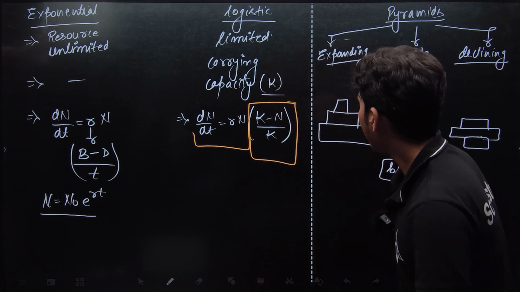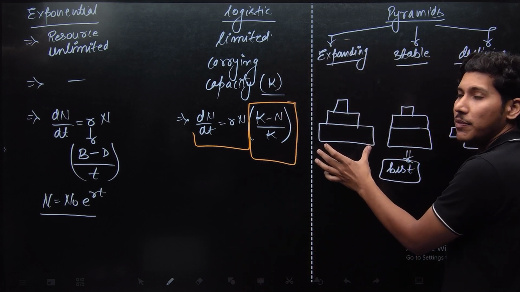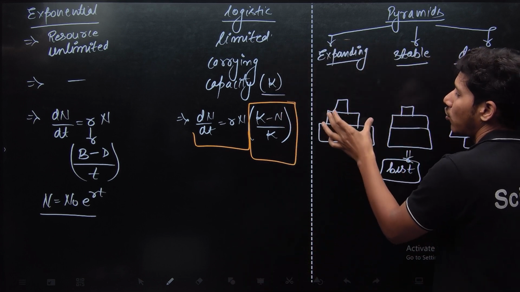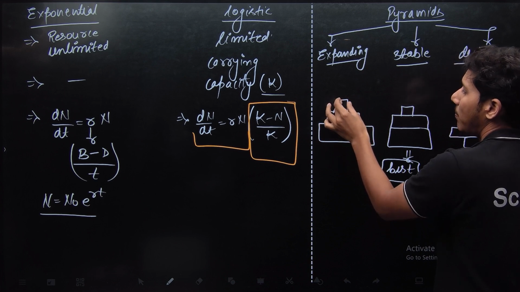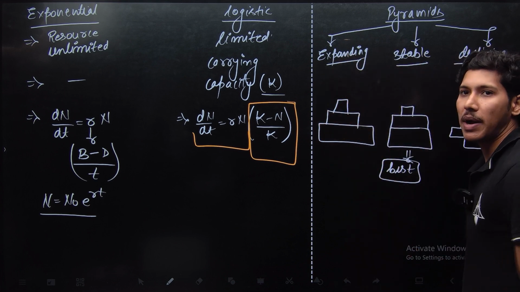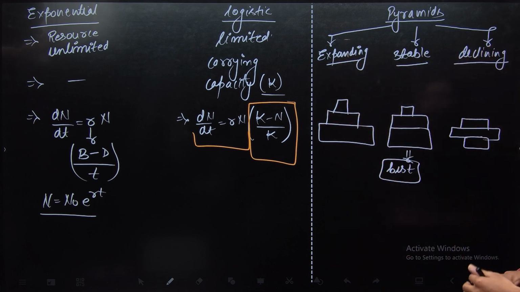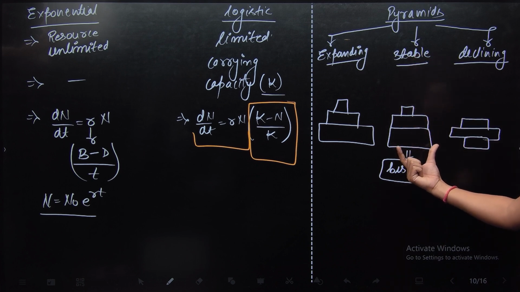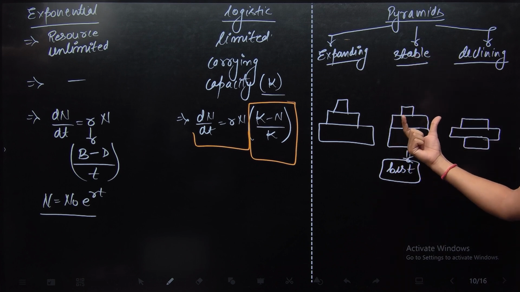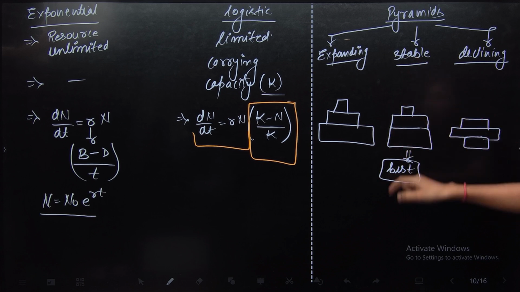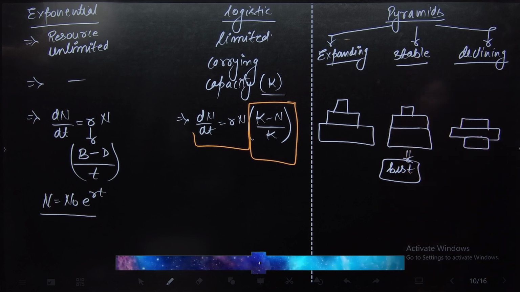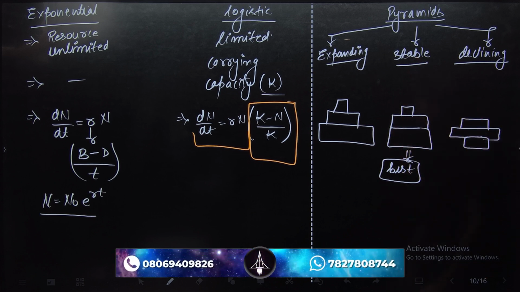If the pre-reproductive individuals are most, followed by reproductive and post-reproductive, then that population is expanding. If the pre-reproductive and reproductive age individuals are the same in number, then they are in a stable equilibrium, or the pyramid is a stabilizing pyramid.